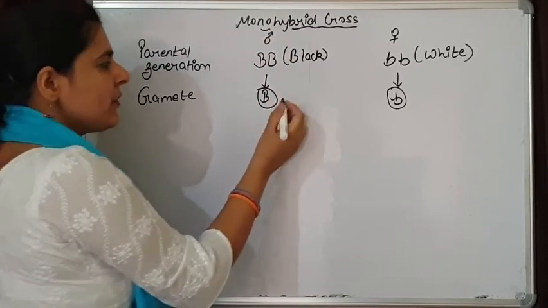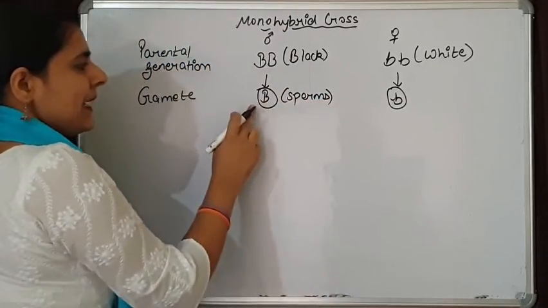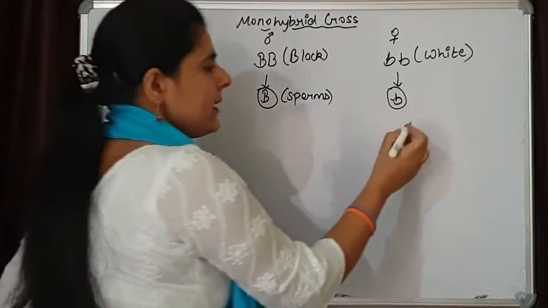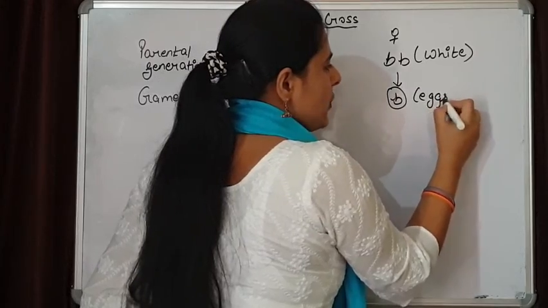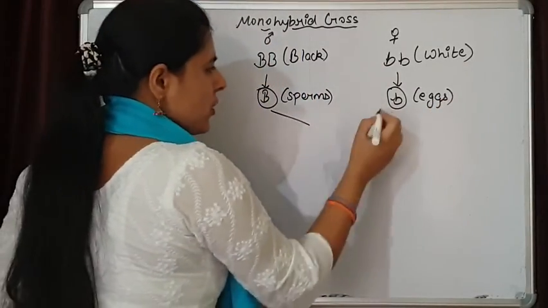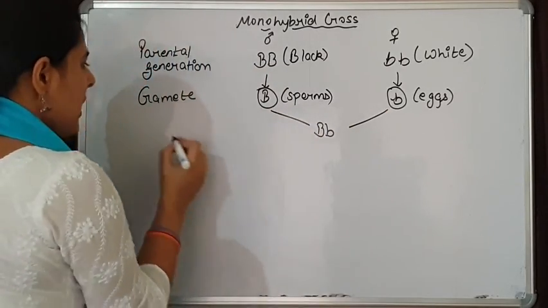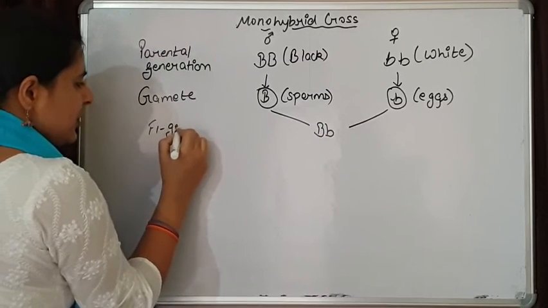This is the male gamete. Sperms are produced over here, and all the sperms are carrying capital B, and here eggs are produced and all the eggs are carrying small b. Now fertilization takes place, and this is our F1 generation.